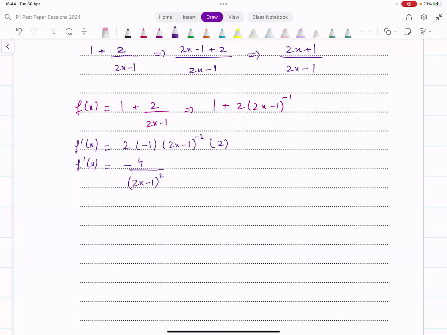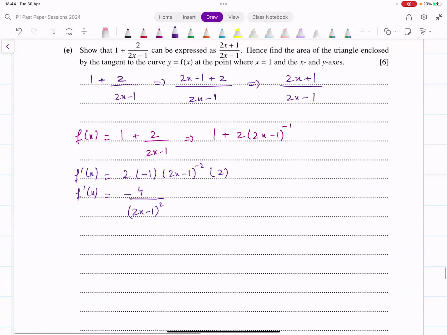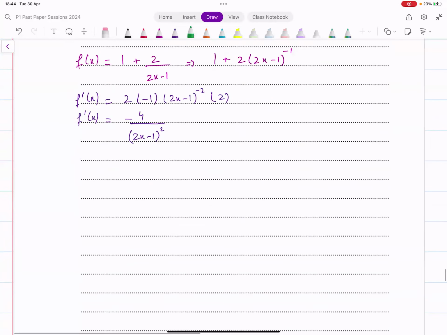Now we need to find the equation of the tangent. At what point? When x equals 1. Let's input x equals 1 here because that will give us the gradient of the curve at that point. When we input x equals 1, we get f dash of 1, and that equals minus 4 over 2 into 1 minus 1 whole raised to power 2. Minus 4 over 1, that's going to be minus 4.